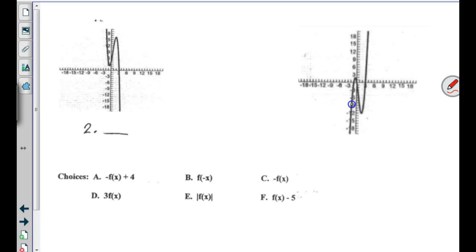Can you tell me in words what happened? So I heard flipped, which is the word you're going to use on your quiz, right? Is reflected over which axis? Yes, over the x. So this point went down here and this point went up here. Okay, so it's doing, I don't think that's the only thing it did though.